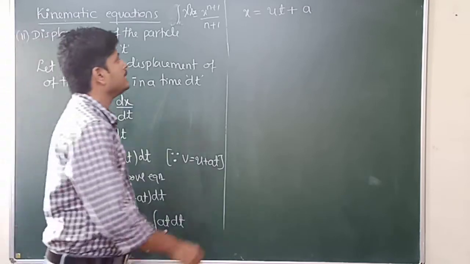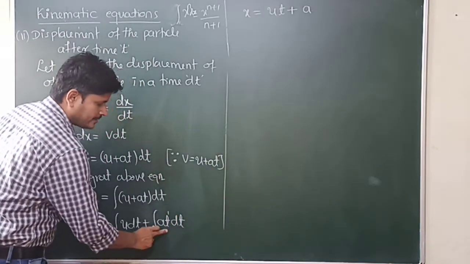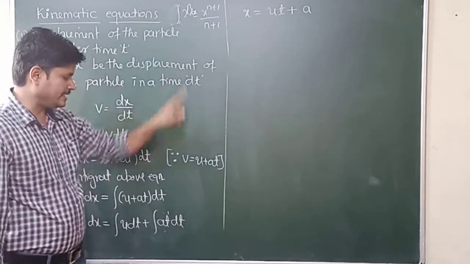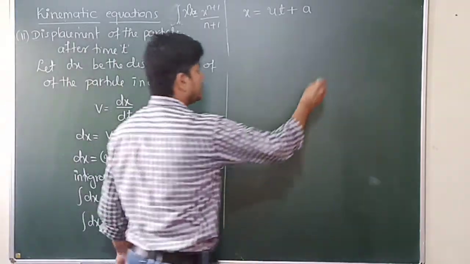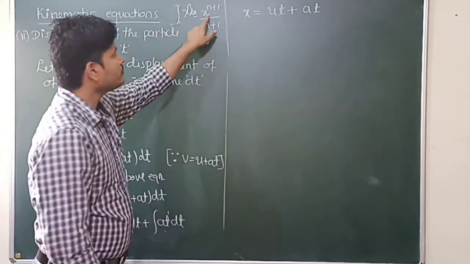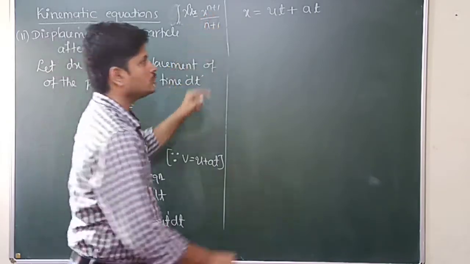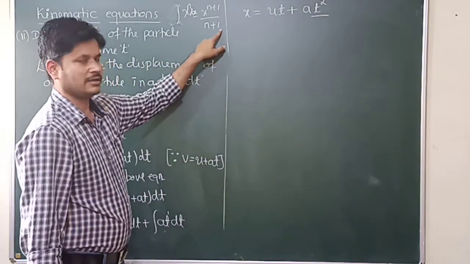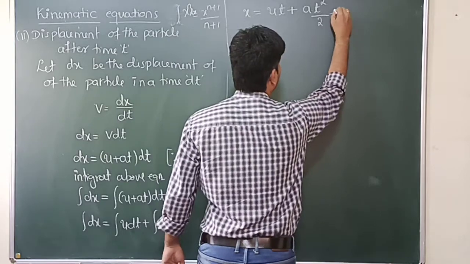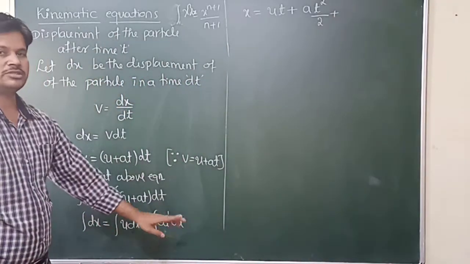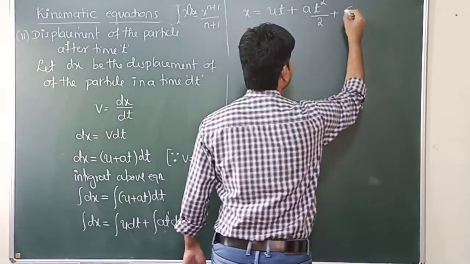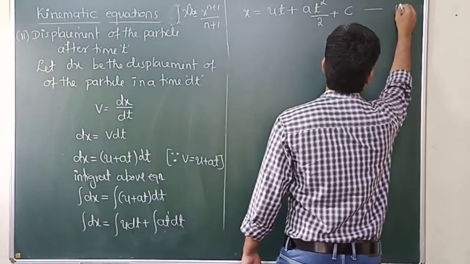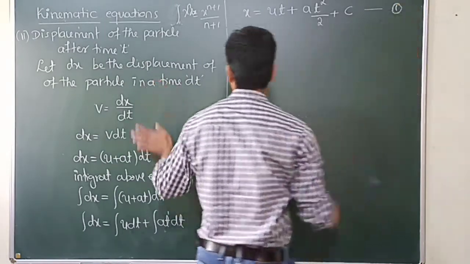If nothing is there over the t, then take it as t raised to 1. That means here the value of n is 1, correct? Then t raised to 1 plus 1, 2, divided by 1 plus 1, 2, plus the integration constant, that is c, right? Remember this equation as the first equation in this derivation.